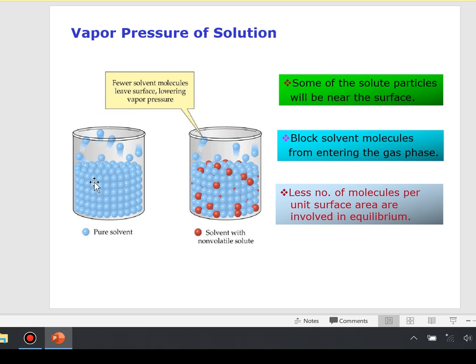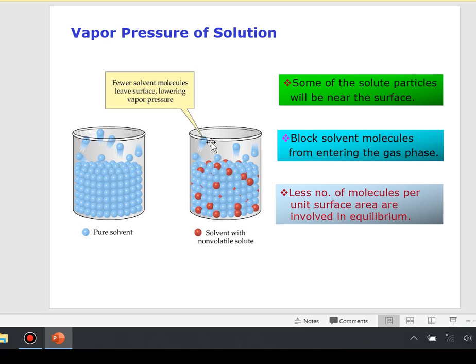You have taken pure solvent in this container, and in this container you have added some non-volatile solute. These are non-volatile solutes. As we add the non-volatile solute into the pure solvent, the vapor pressure of the solution decreases, because these solute particles block the solvent molecules from entering the gas phase.